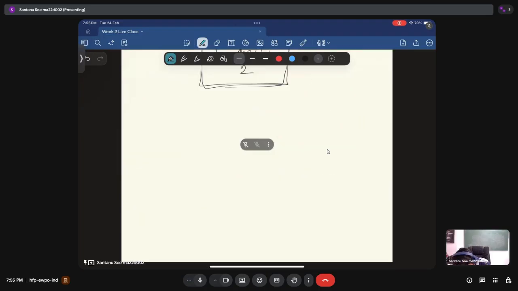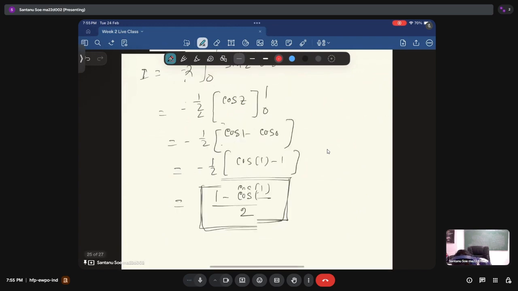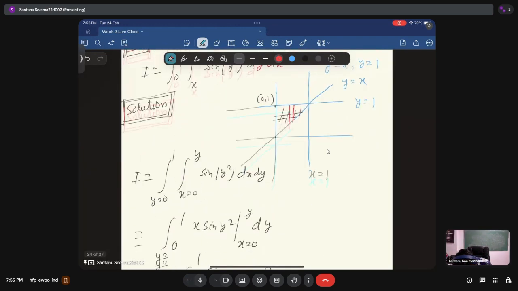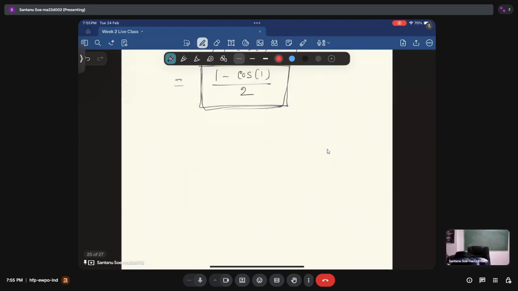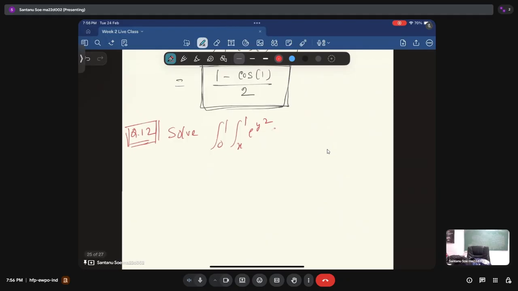So now let us solve the next question, which is question number 13. Sorry, question number 12. Solve integration 0 to 1, x to 1, e to the power y square dy dx.